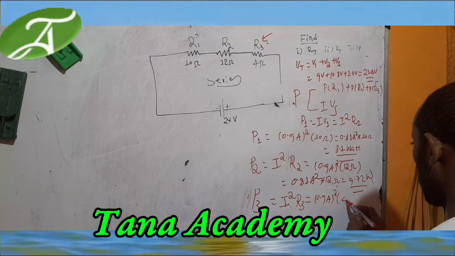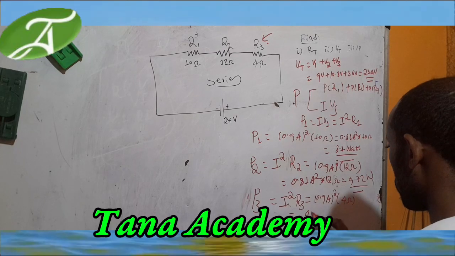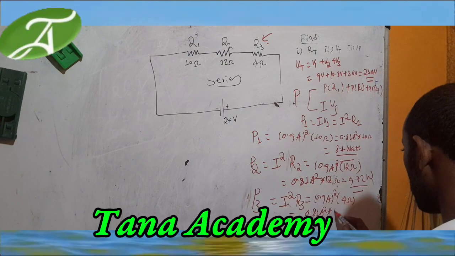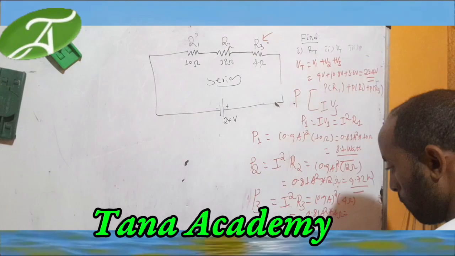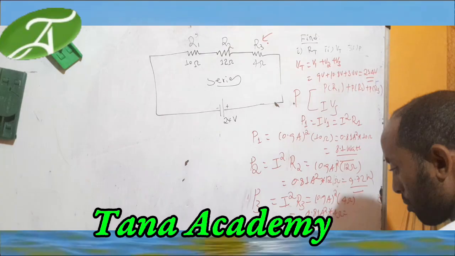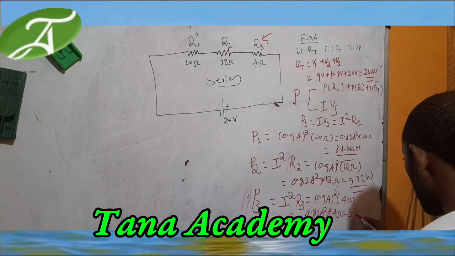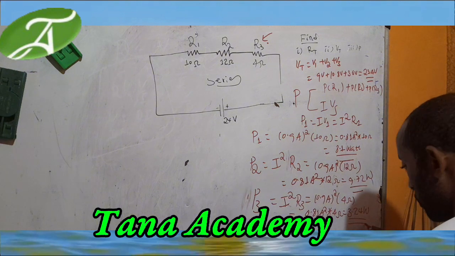R3 is 4 ohm, is equal to 0.81 ampere squared times 4 ohm, and it becomes 3.24 watts.